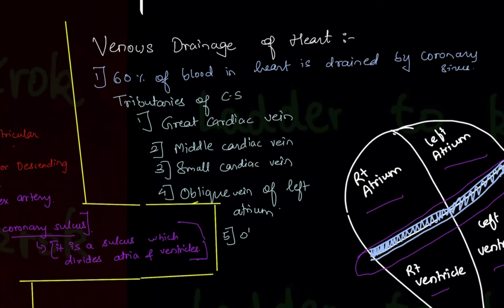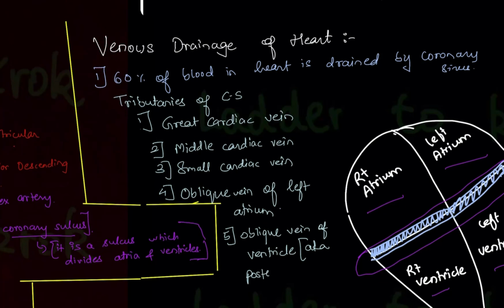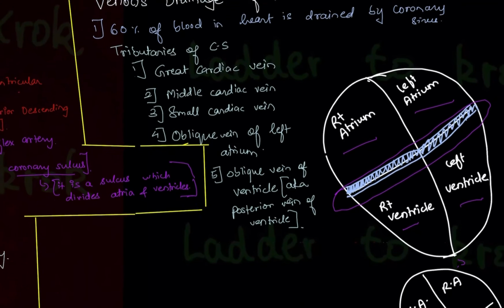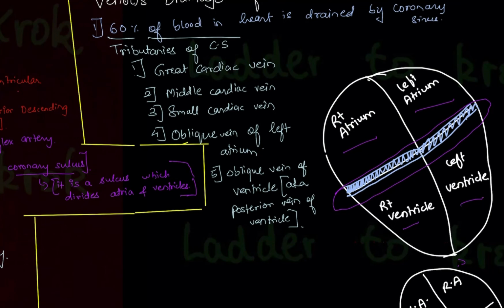And fifth is the oblique vein of the ventricle, also known as the posterior vein of the ventricle. So there are 5 main veins draining into the coronary sinus, and the coronary sinus opens into the right atrium.